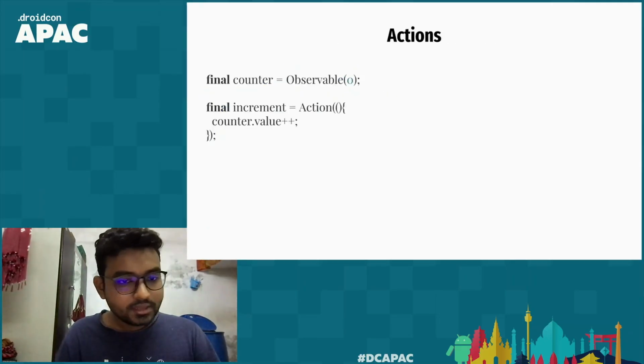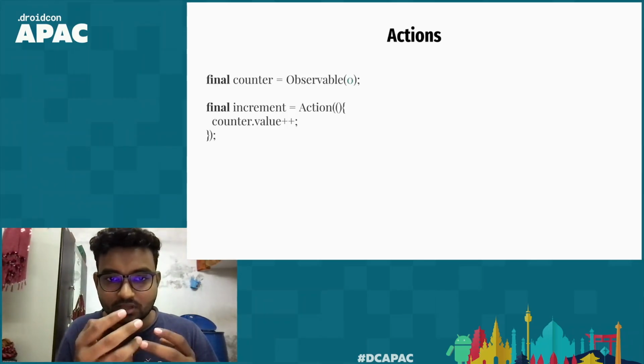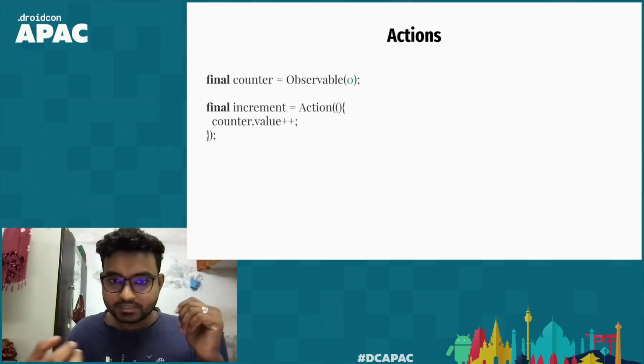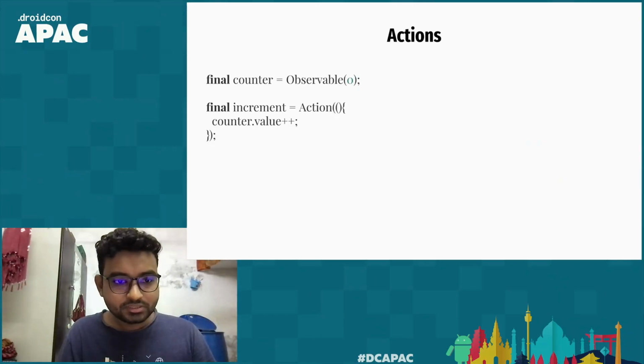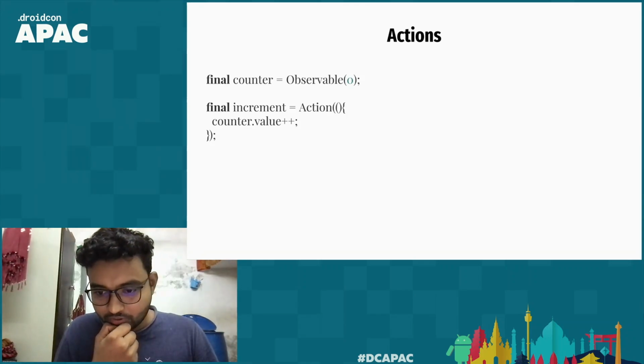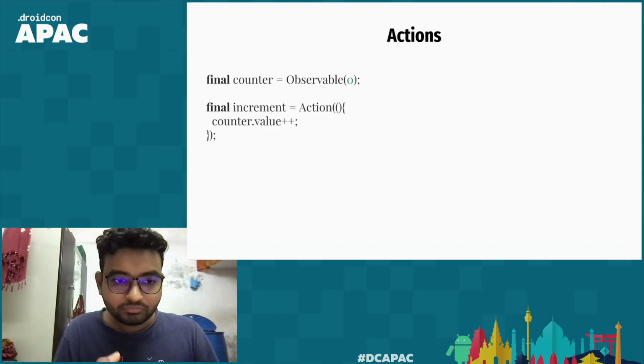So yeah, then we have our actions. As we talked about, MobX has a three-tied, kind of a triangle: observable, reaction, and actions. So actions kind of give, what should I say, a semantic meaning to our observable.